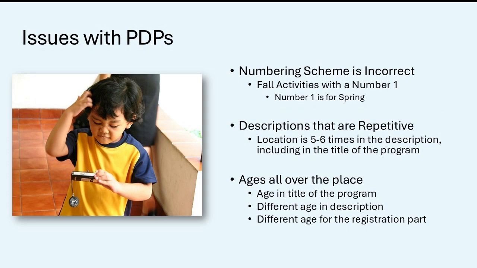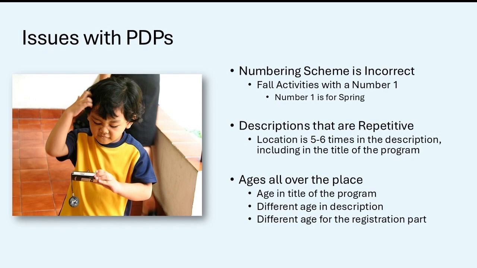We've got fall activities with a number 1, which is a spring activity, and it shouldn't. We've got descriptions that are repetitive. Location is 5 or 6 times in the description. It's in the title of the program. Ages are all over the place. You have an age in the title of the program, you've got a different age in the description, and then you've got a different age for the registration part.